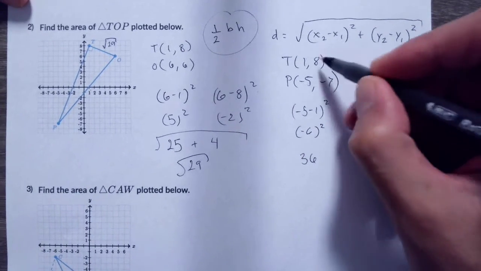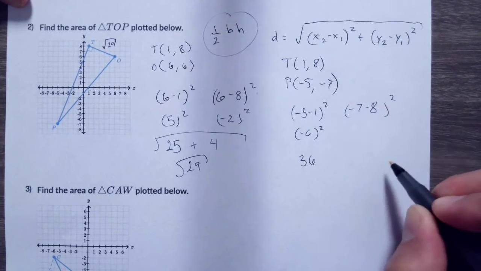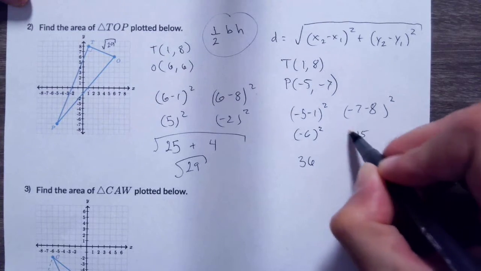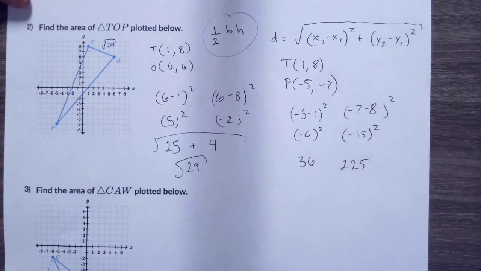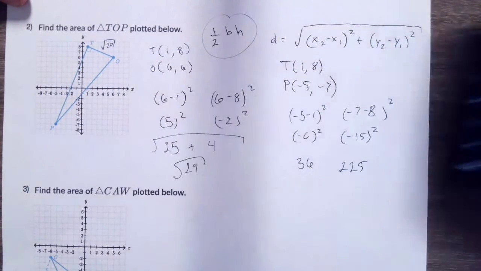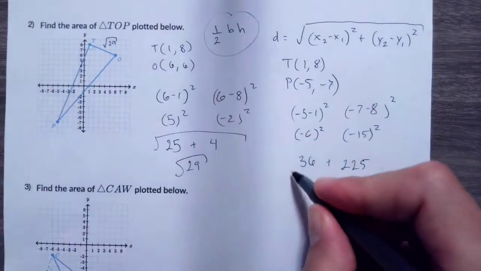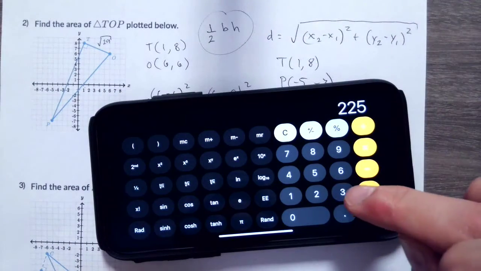And then I'll do this minus this, so -7 minus 8 squared, that's -15 squared, which is, I think, 225. Let me just make sure. 15 times 15. Yes.